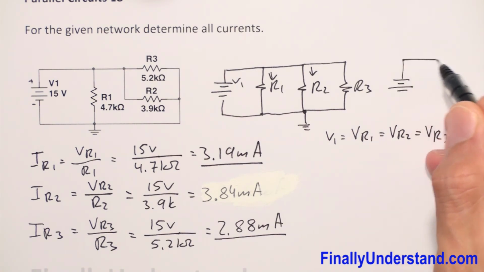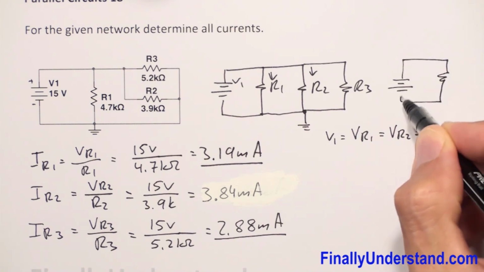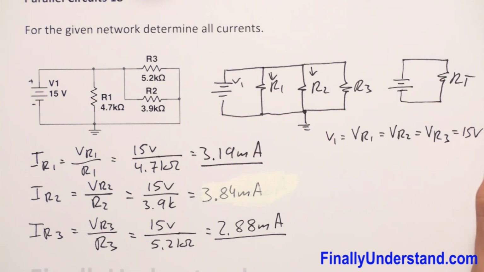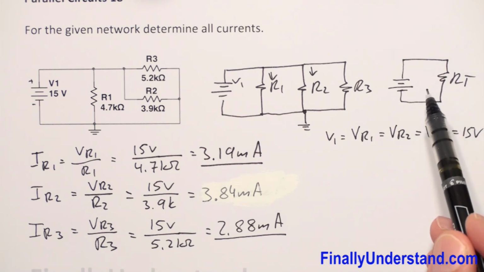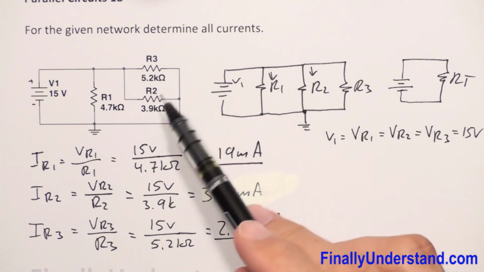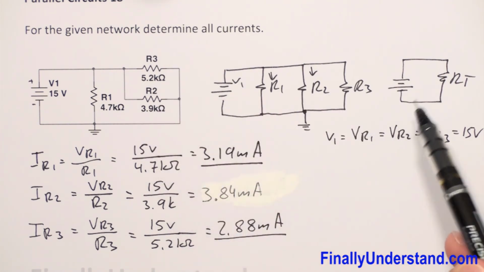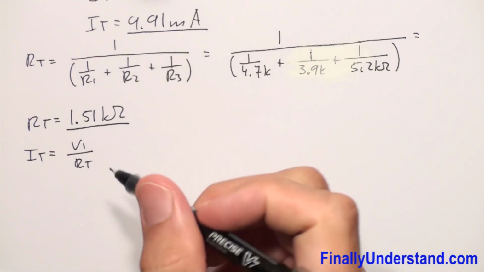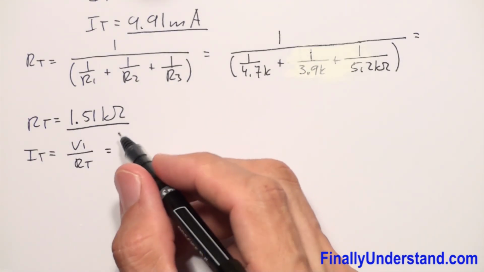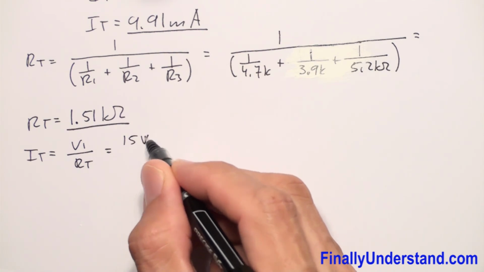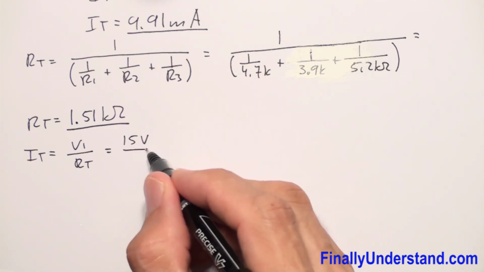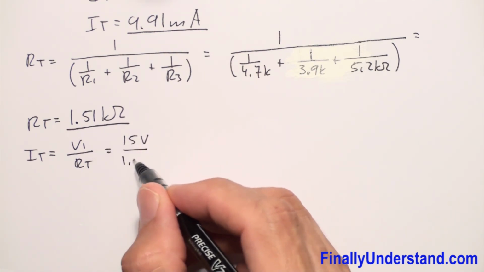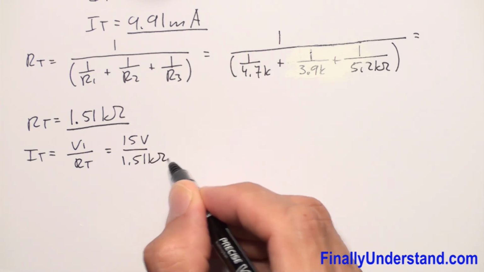Okay, and this is going to be my R total. Okay, so this circuit is going to be equivalent to this one or this one. Okay, it's going to be simply the same thing. So I total is equal V1, which is equal 15 volts, over R total, which is equal 1.51 kilohms.